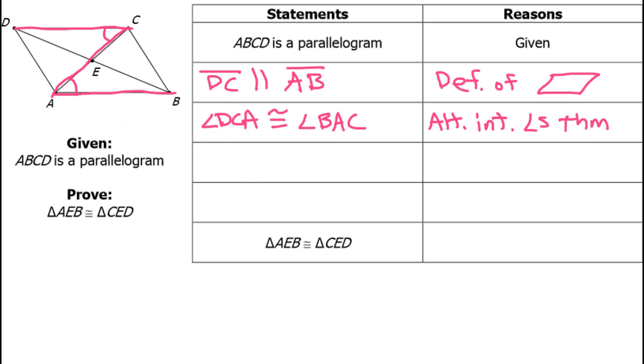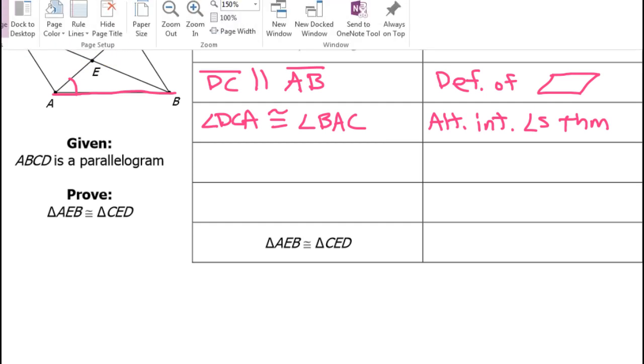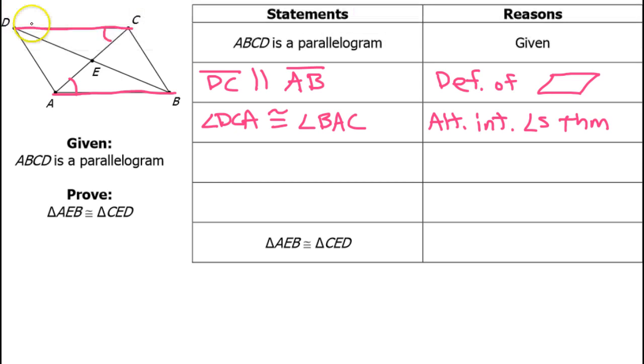Okay, now I could just as easily have drawn the other diagonal, all right, as my transversal. So this works just as well.